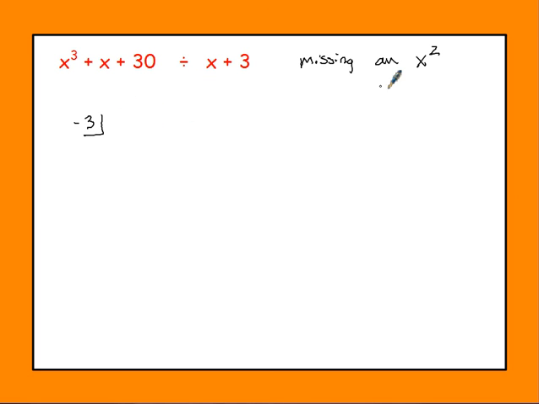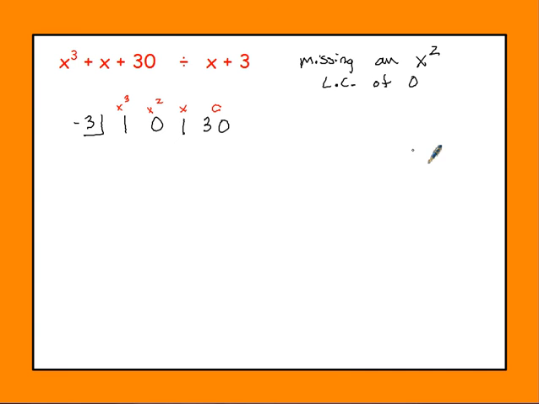Technically, if I'm missing an x squared, it has a leading coefficient of 0. So the way this should be written is 1, 0, 1, 30. This represents my x cubed, this represents my x squared, this represents my x, and this is my constant.